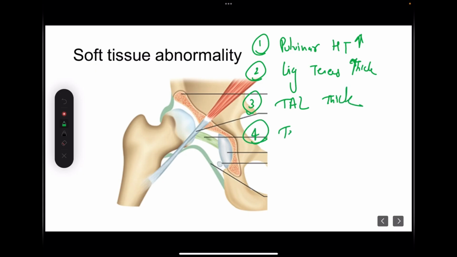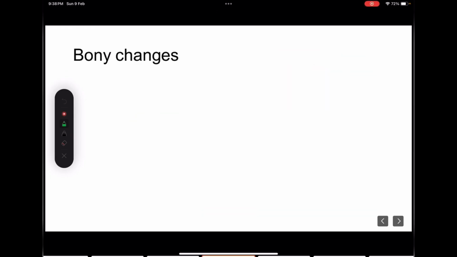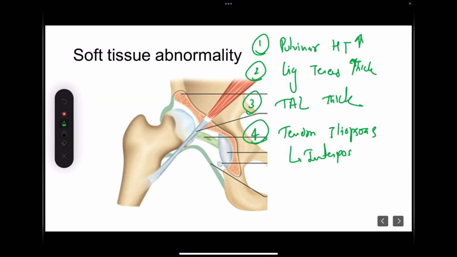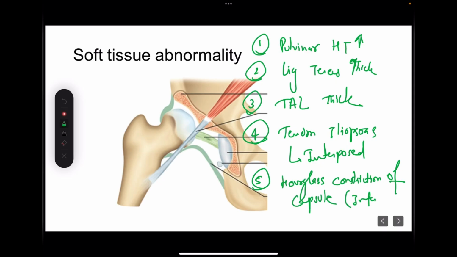Fourth is the tendon of iliopsoas, it becomes interposed and it hinders relocation of the dislocated hip. Fifth one is hourglass constriction of the capsule, particularly the inferior capsule. And sixth one is neolimbus and limbus development.